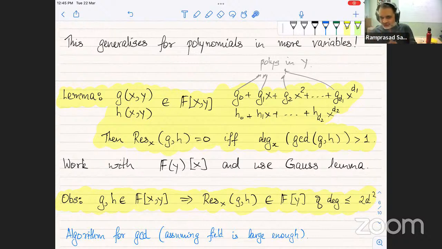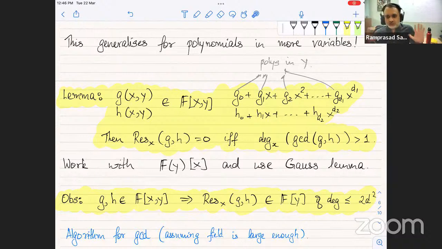Okay. So why did we do all the resultants? The reason is that I now want to present to you the algorithm for computing a GCD of two bivariate polynomials. And it's a typical computer science way of doing things, in the sense that we are literally going to just reduce the bivariate GCD computation to the univariate GCD computation.